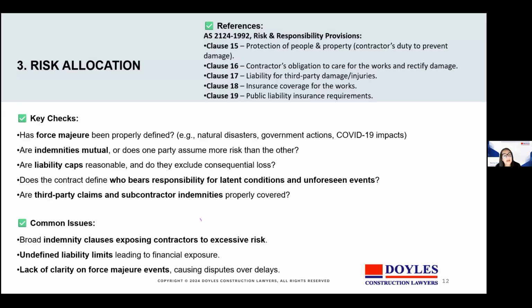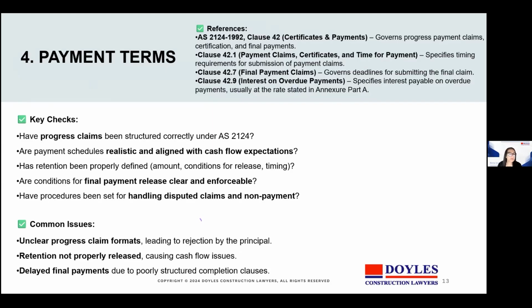Are liability caps reasonable, and do they exclude consequential loss? Some of these undefined liability limits lead to some financial exposure, unduly. Okay, payment terms. It's important to check that progress claims have been structured correctly in accordance with the contract, as well as payment schedules, whether they're realistic and aligned with cash flow expectations.